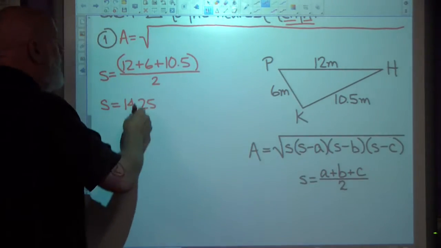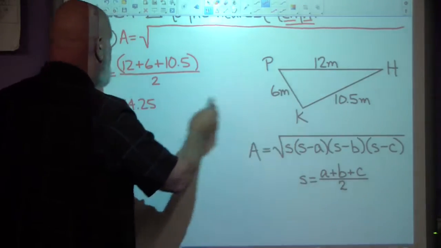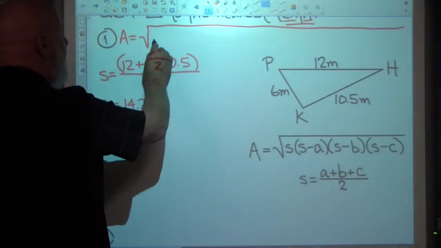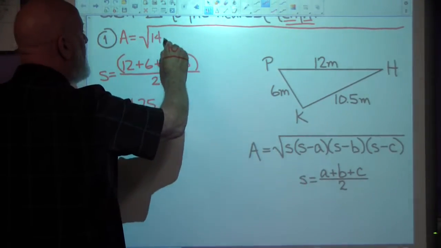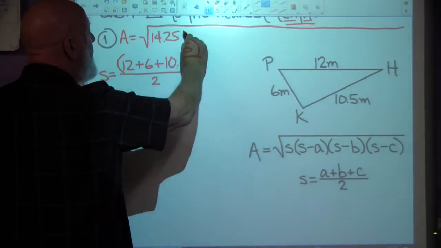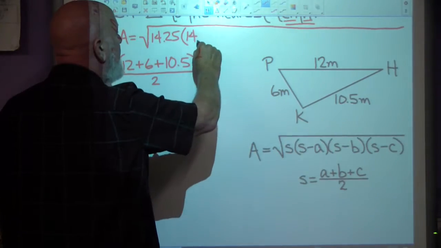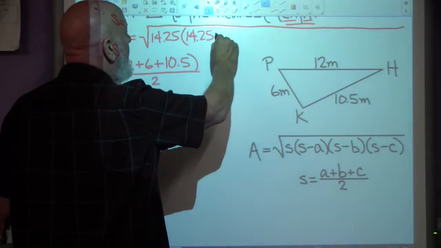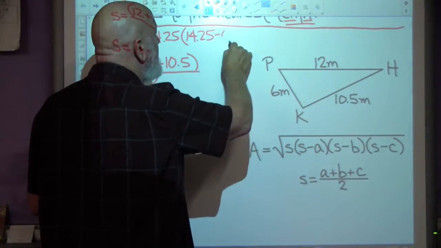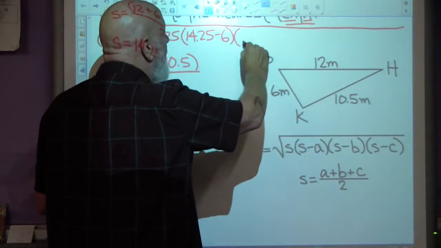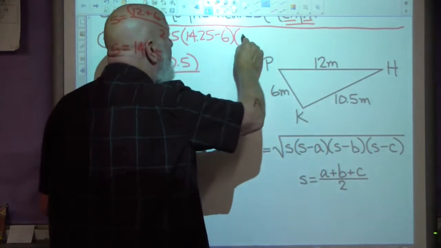So here we go. I'm going to say S. That's 14.25. I just found that. Times S minus A. So that's 14.25 minus one of the sides. Doesn't matter which one. Times 14.25.